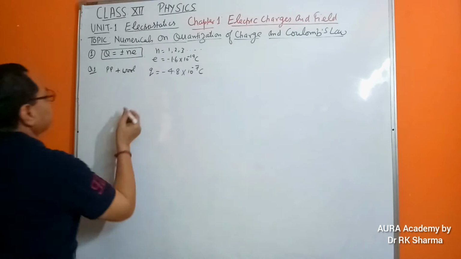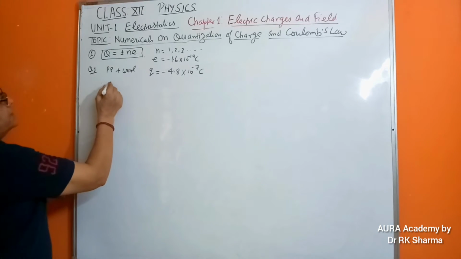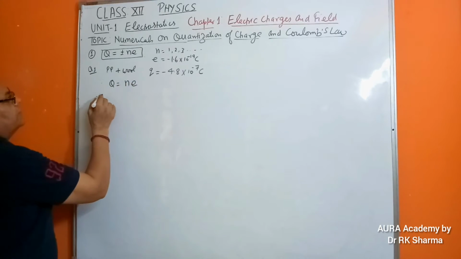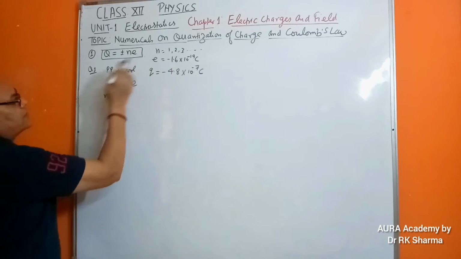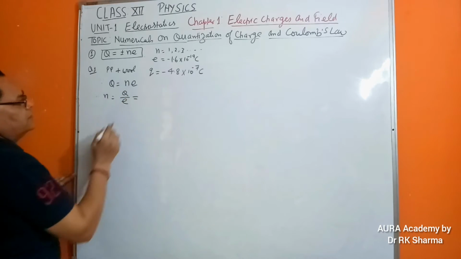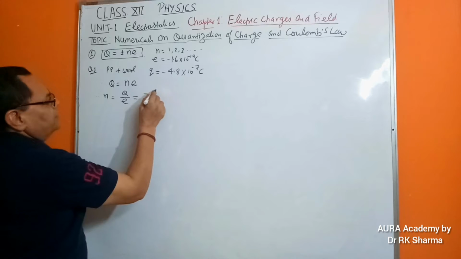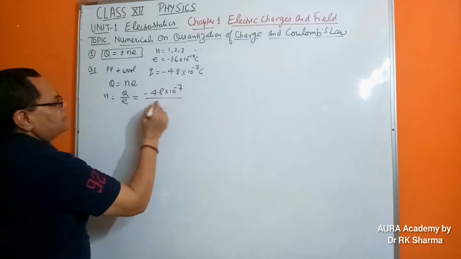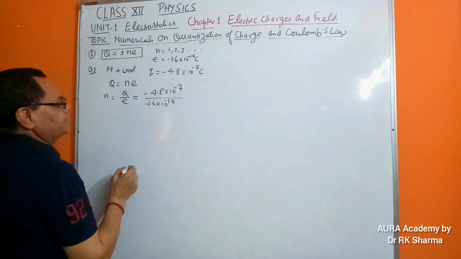Since Q is equal to ne, the number of electrons transferred n will be equal to Q by e. Q we know already, minus 4.8 into 10 to the power minus 7, and the charge on the electron is minus 1.6 into 10 to the power minus 19.